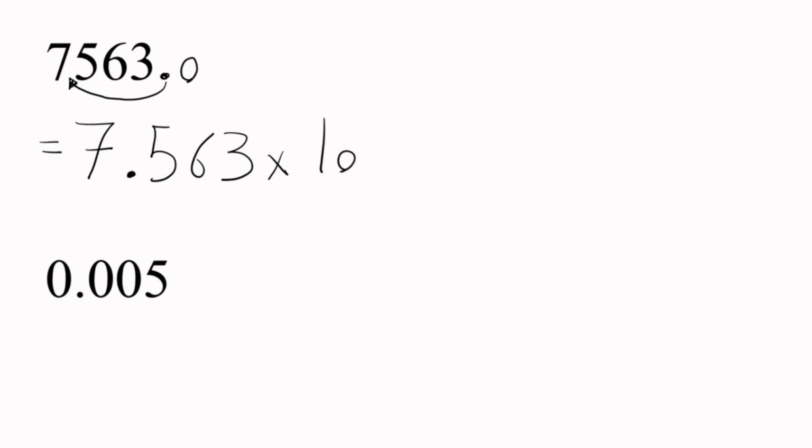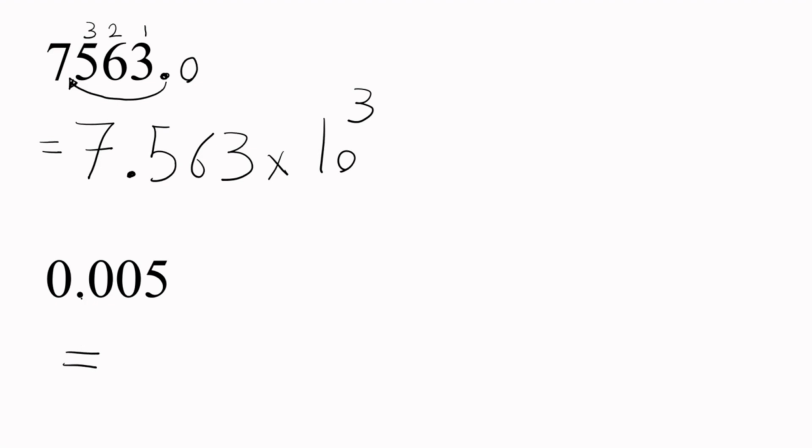For how many digits did I move the decimal point? 1, 2, 3. So it's going to be 3, and it must be positive because first of all we move it to the left side, and second of all the first number is large and the second number must be large as well.